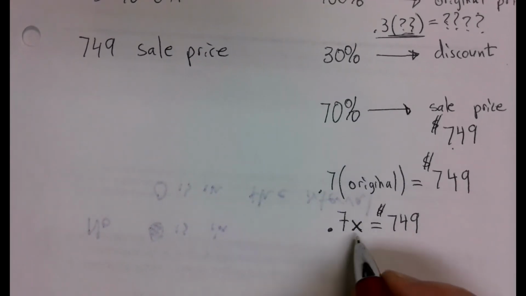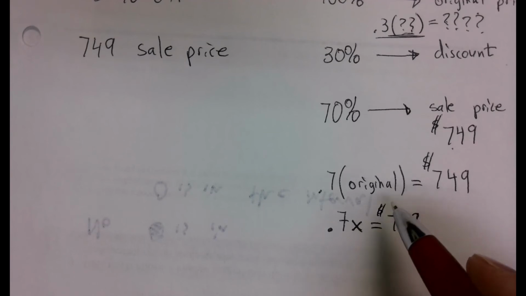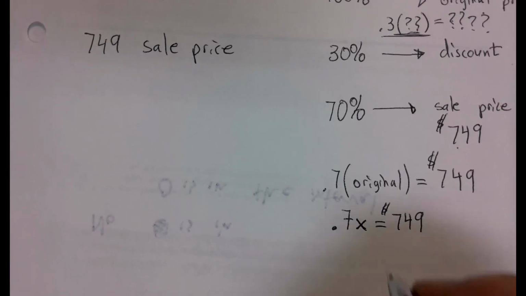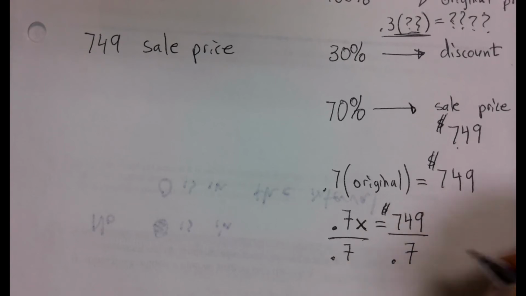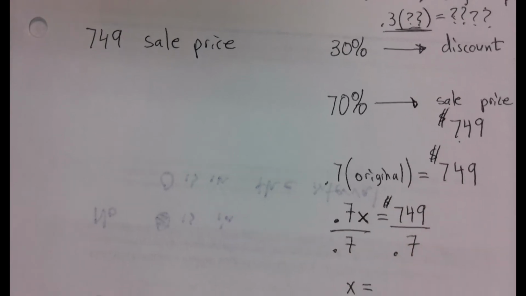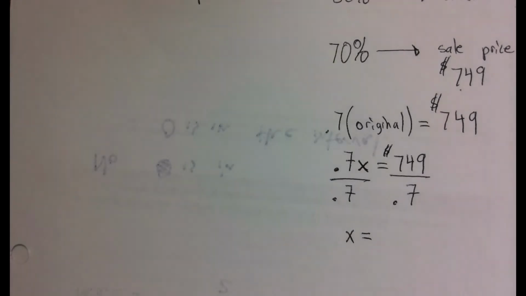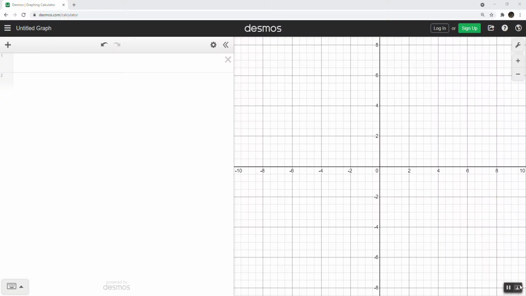Well, if we were multiplying to get the amount, the inverse of that is to divide. So a very algebraic kind of solution here would be to divide both sides by 0.7, and that is going to get us the original price of this refrigerator. So $7.49 divided by 0.7 is $10.70.